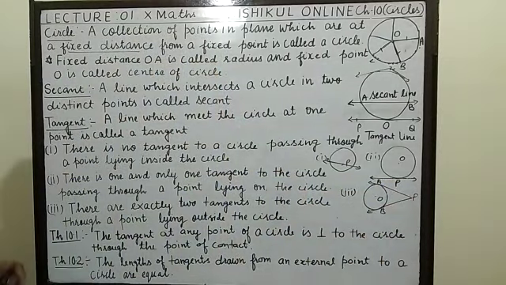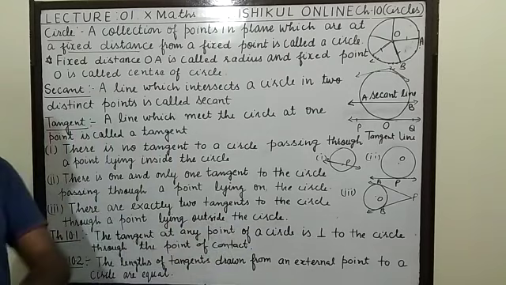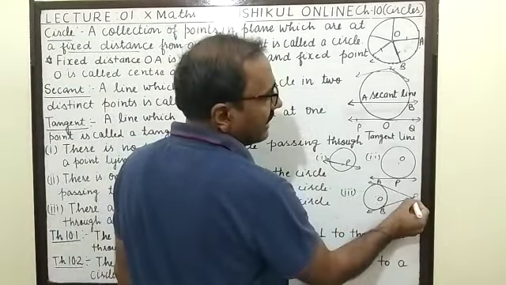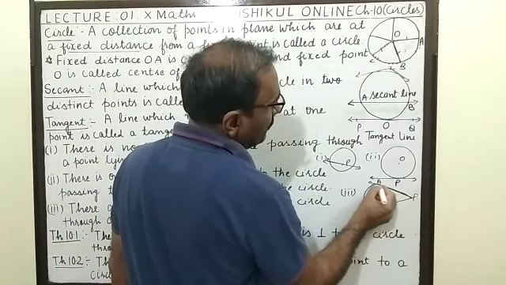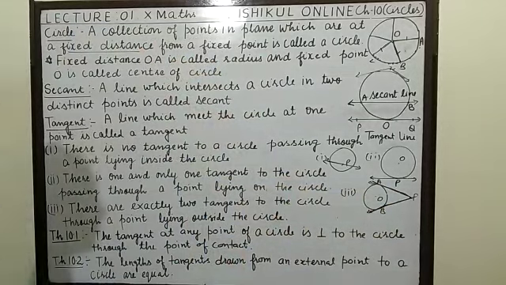And then third one is, there are exactly two tangents to the circle through a point lying outside the circle. If it is a circle and P is outside the circle, how many tangents can you draw? You can draw two tangents from the external point.